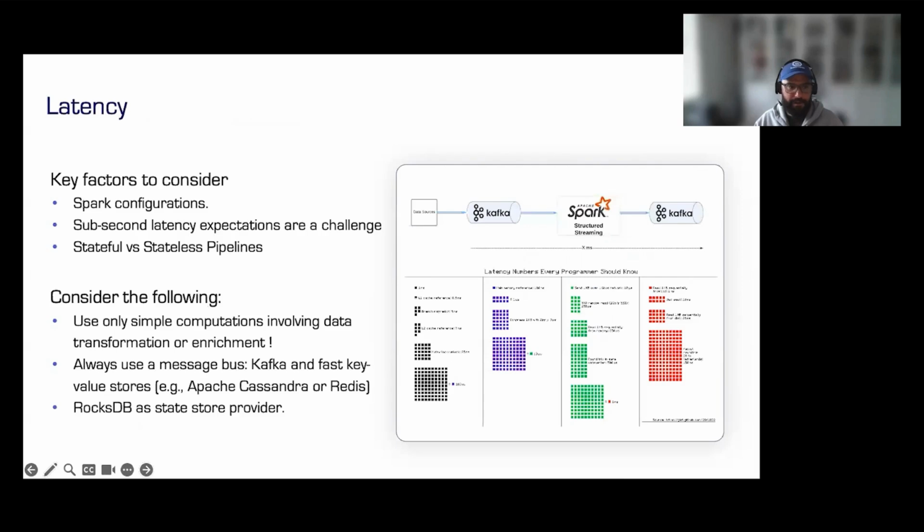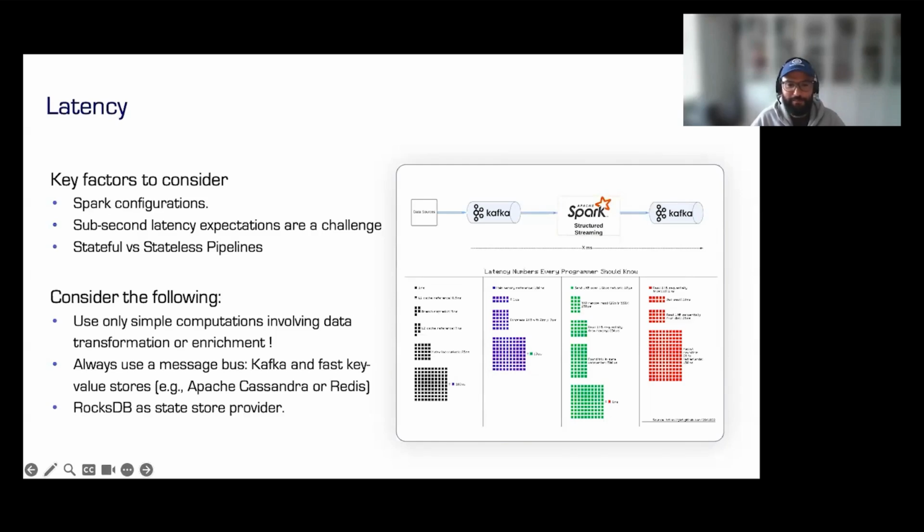Latency, again. As I mentioned, Spark configurations are key to consider here. So think about ways to optimize this by gaining milliseconds here or there. That goes back to things like the latency numbers every programmer should know.